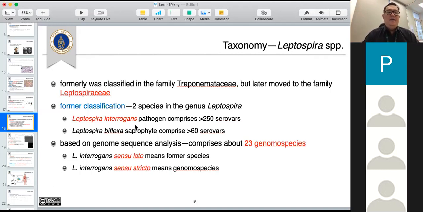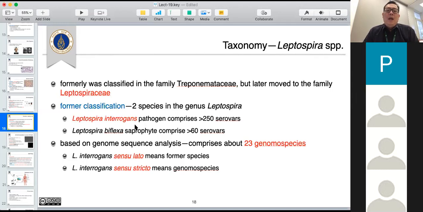The new way, scientists based on bacterial genome. Okay, once they based it on bacterial genome, they reclassified to be 20, up to now maybe more than 23 genomic species. Okay, we can call 23 species, but I put the term to let you know this species came from the comparison of genome sequence.